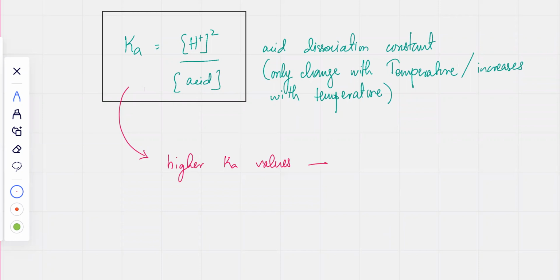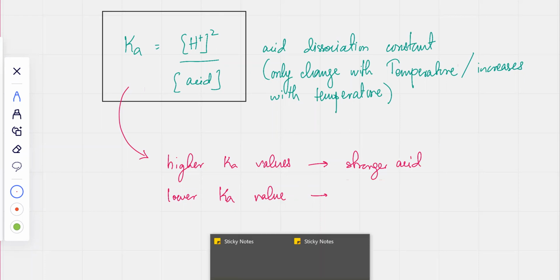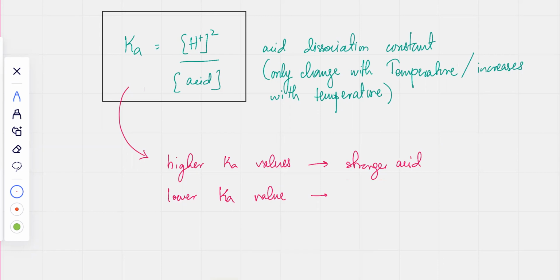So that means it's going to be a stronger acid. Vice versa, a lower Ka value would indicate that it's a weaker acid. Is this clear as well? Yes, sir. Yes.